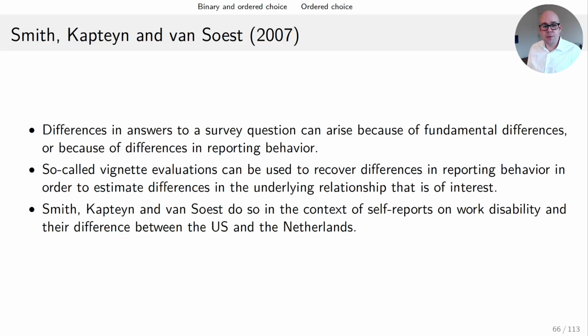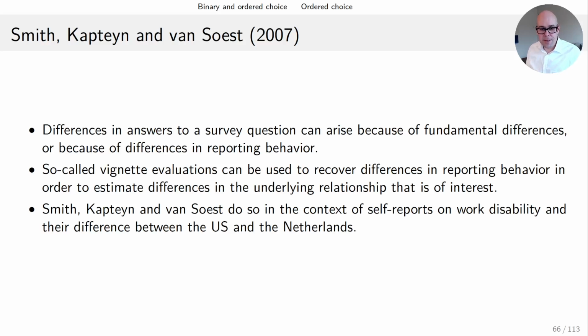And what they use in this paper are so-called vignette evaluations to recover differences in reporting behavior. And once you measure those, you're able to estimate differences in the underlying, more fundamental relationship, and that might be of interest.